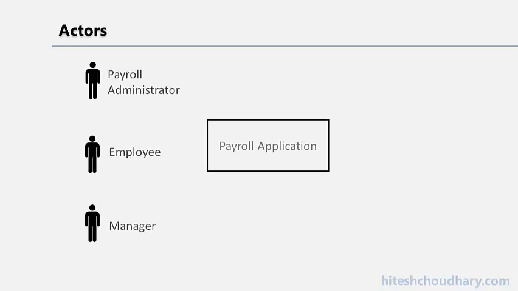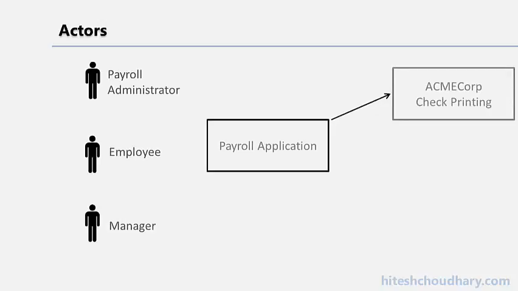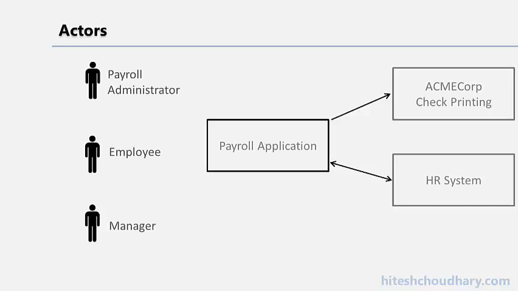Or you need to interact with other computer systems. Perhaps this application will send data to an external system, or it needs to interact with other corporate systems. Well, these would be considered actors too. They are external to your application, but they need to interact with it.